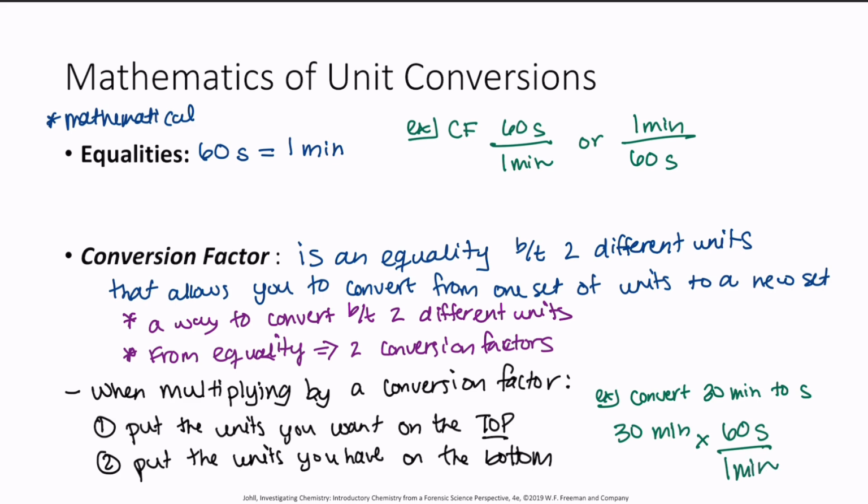The units I have are minutes, and I want them on the bottom. Now look what happens. Just like with numbers, if you have a number on the top and the bottom, you can cancel them out. The same is true with units. I have minutes on the top and minutes on the bottom, so they cancel out, and the units I will be left with are seconds. So I can do the math 30 times 60 to see what this equals.